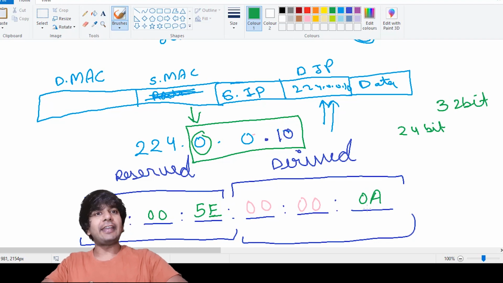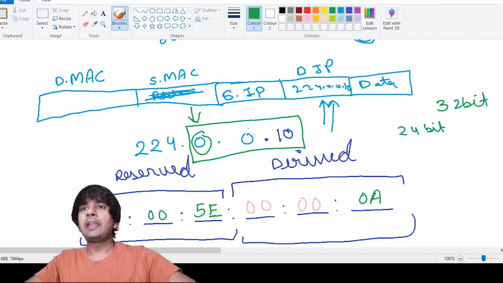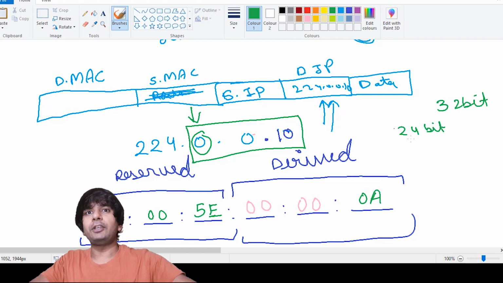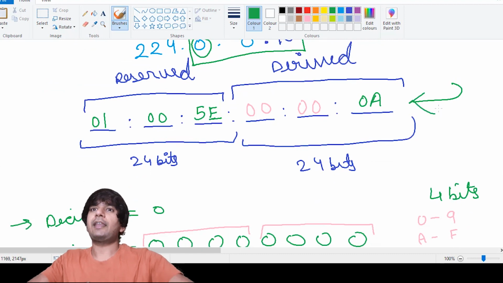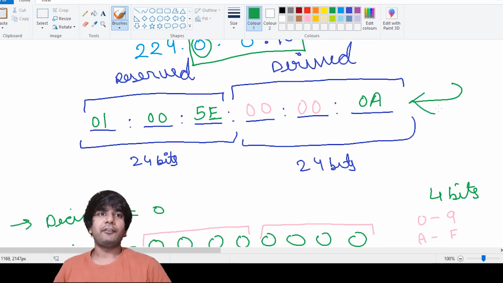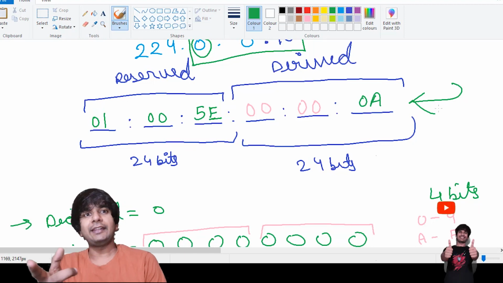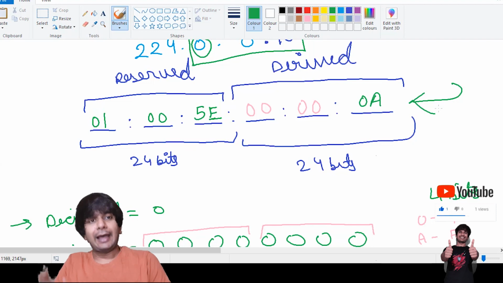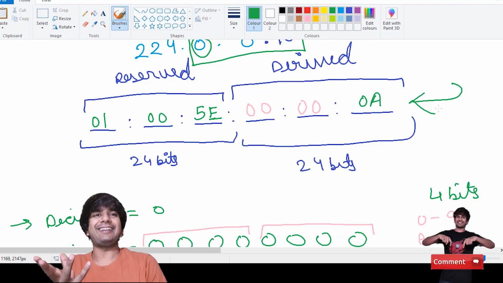Whenever EIGRP sends its multicast update or multicast hello, it will always send to 224.0.0.10, and whenever you have this IP, you will always get a multicast MAC like this. So you can check it, you can sniff it. If you already knew this, it's very nice. But if you only now got to know that we also have multicast MAC addresses as well, now you do.